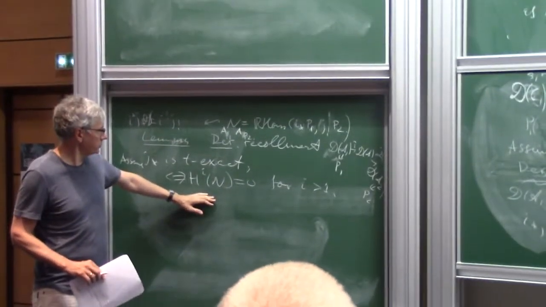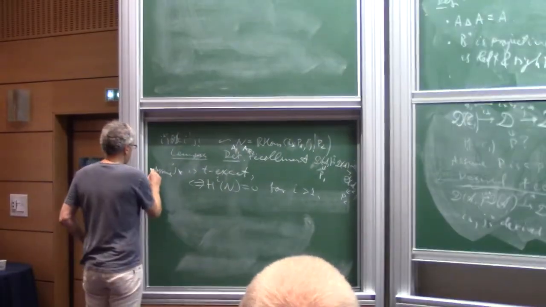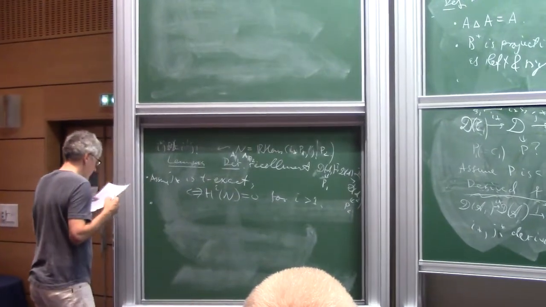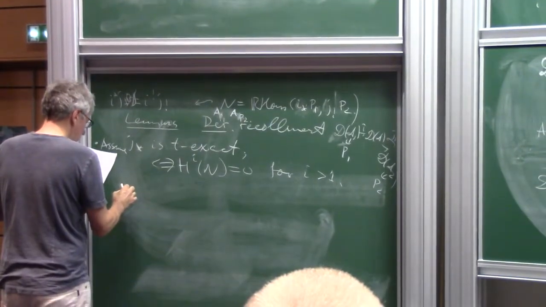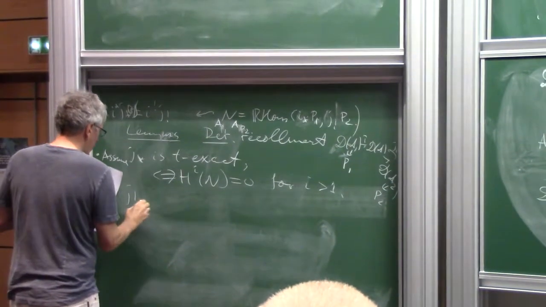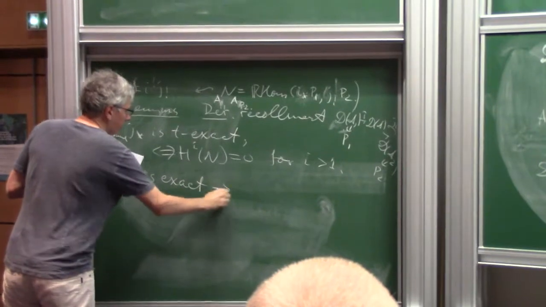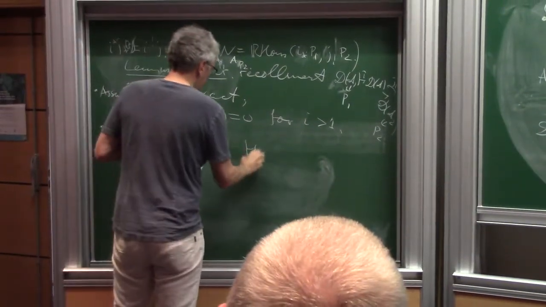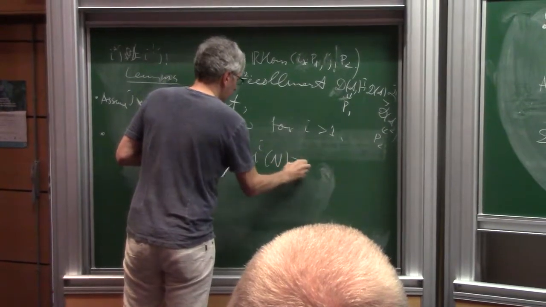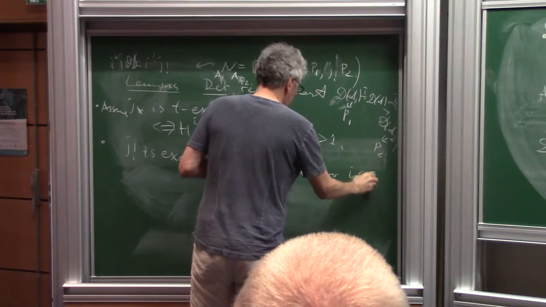So here we restrict it from above. That is the first statement. The second statement is only in one direction. We have j lower shriek, and the claim is that j lower shriek being exact implies that H^i of N is 0 for i less than 0.